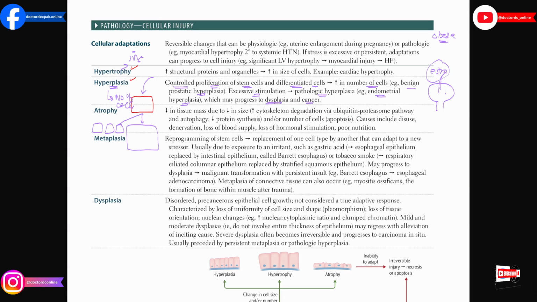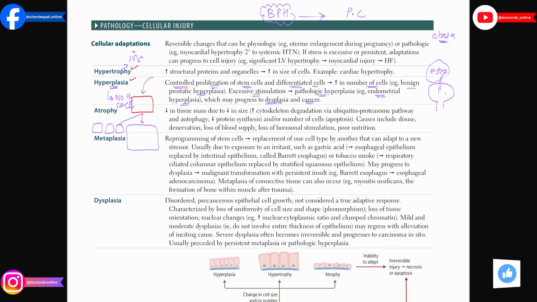But they can ask you in the exam about certain conditions in which, even if the person has hyperplasia, it will not go into cancer. So you have to keep in mind, in our body there is one exception: benign prostatic hyperplasia does not go into prostate cancer. This is one exception.